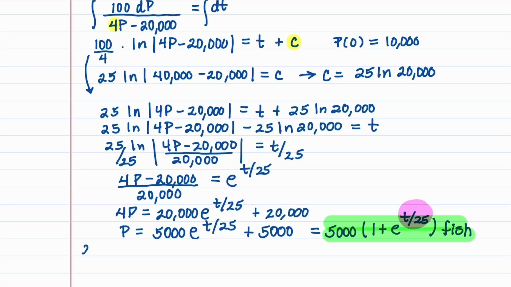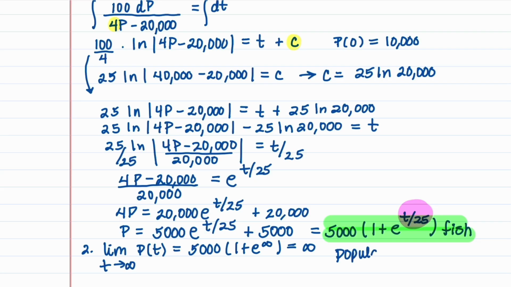We can write that as the limit as t goes to infinity of p of t is equal to 5,000 times 1 plus e to the infinity, and that is equal to infinity. So we can say that our population grows exponentially.